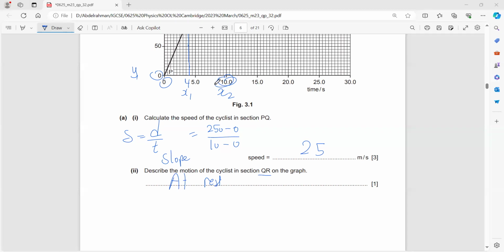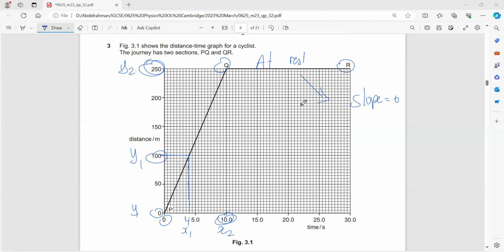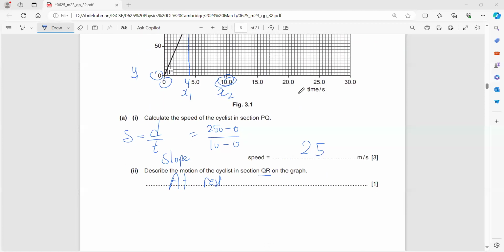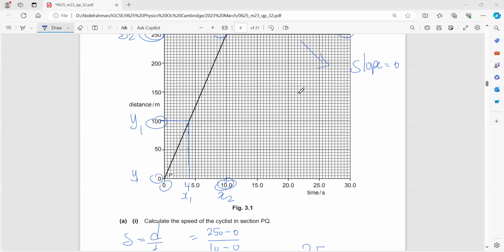Do you have a question? Sir, can't I say that the resultant force equals 0 in section QR? No, you can't say that the resultant force equals 0. He's asking about the motion. He did not ask you what the resultant force is. When do we usually say that the resultant force is 0? Whenever the speed is constant.